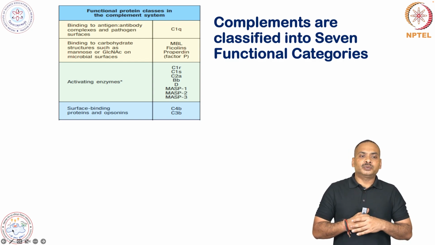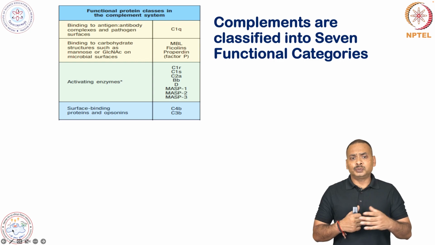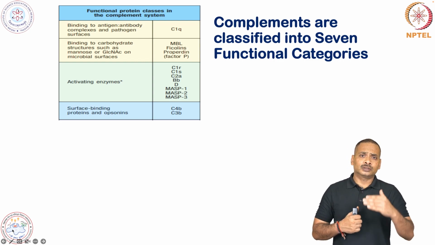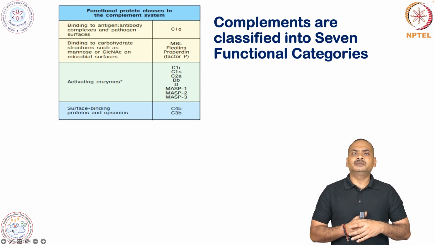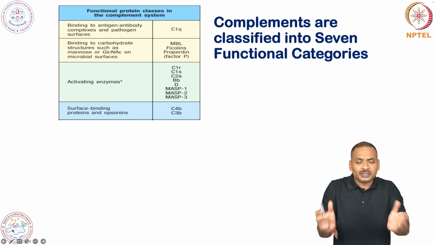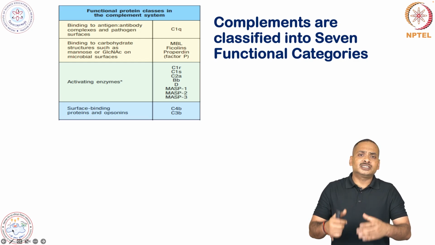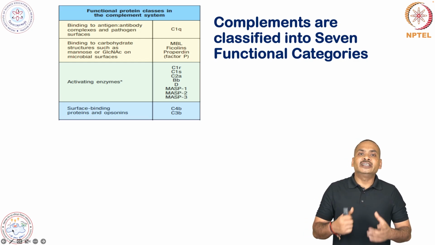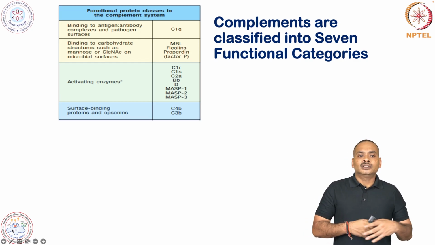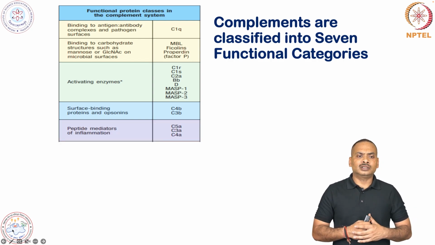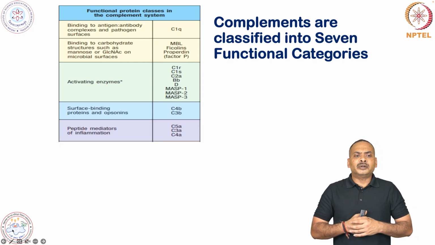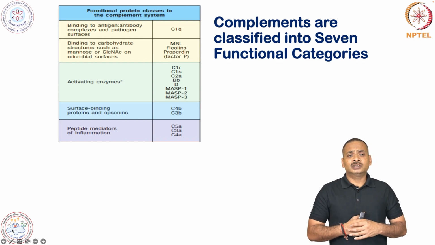These surface binding proteins and opsonins are C4b and C3b. So if a microbe is coated by C4b or C3b, then it will be readily phagocytosed. Okay, so this is one category. Another is peptide mediators of inflammation.